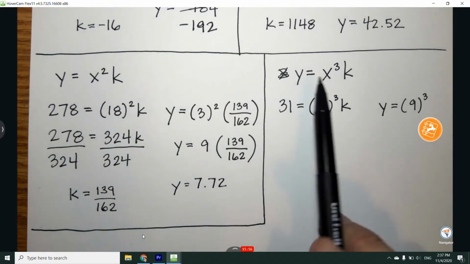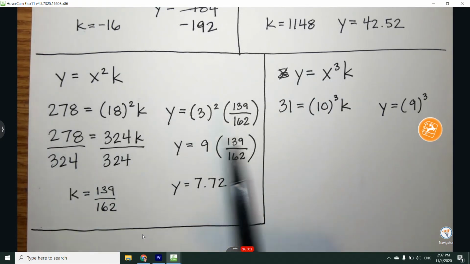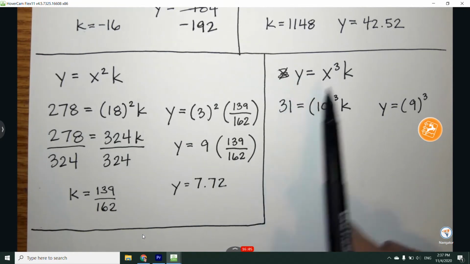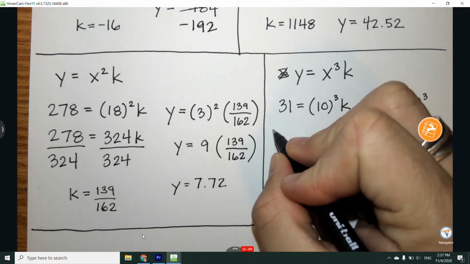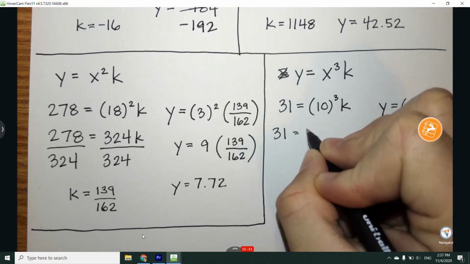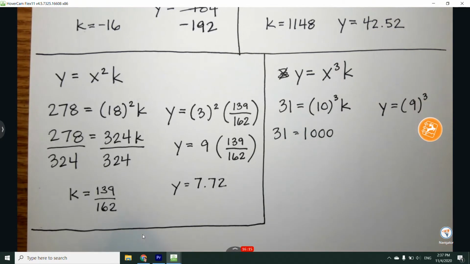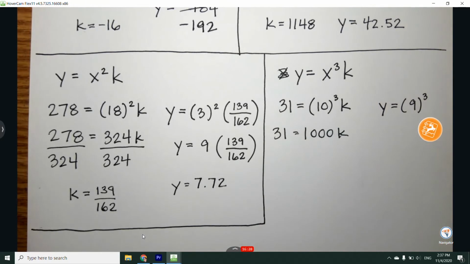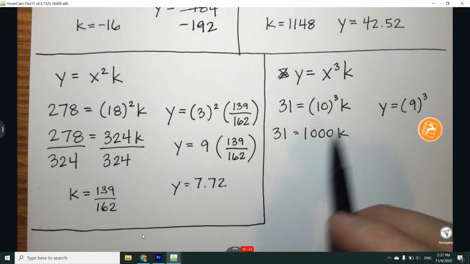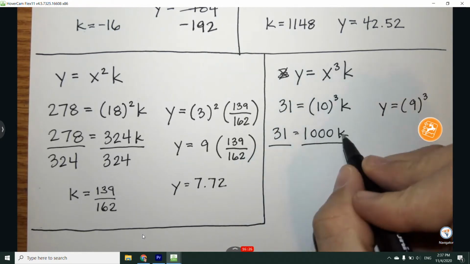All right, so we said that y varies directly as x cubed times our constant. So we plugged in our y, we plugged in our x, and so we're going to continue to solve this. Now, 10 cubed is equal to 1,000. And so now we got 1,000k, so we're going to divide this away on both sides since it's being multiplied by that.